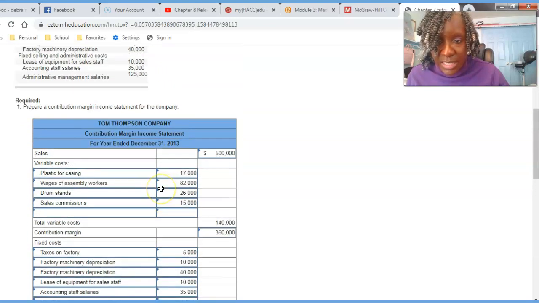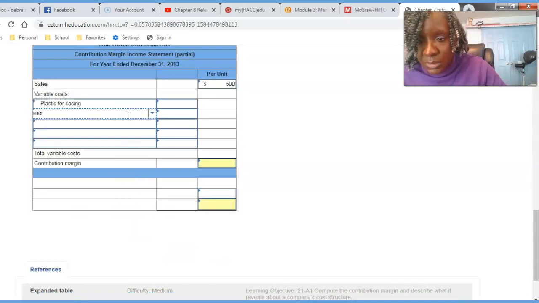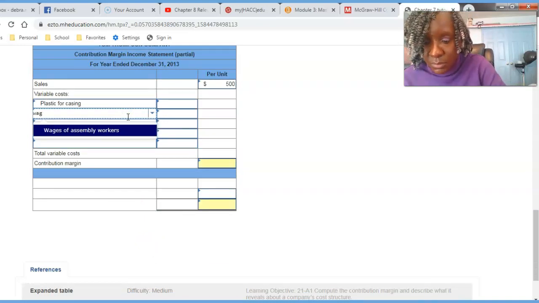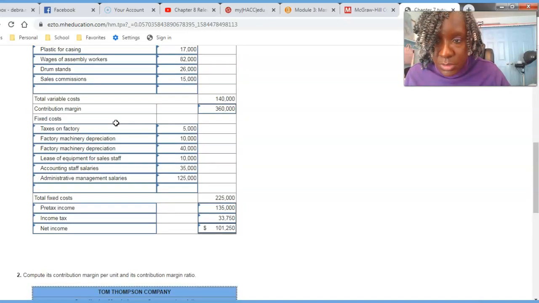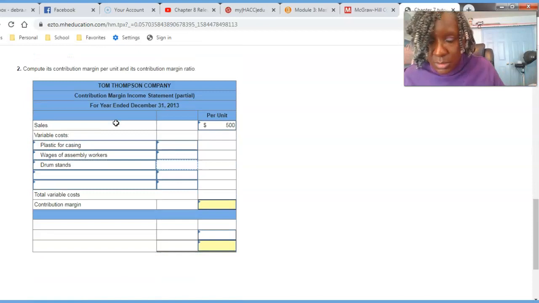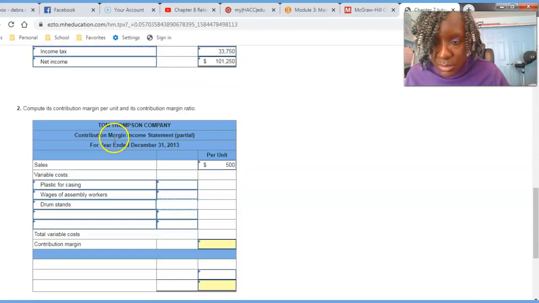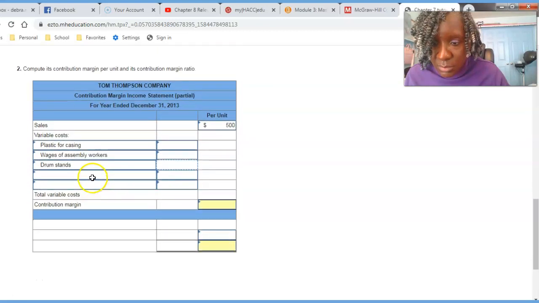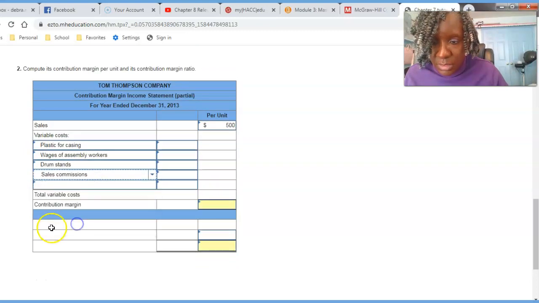Plastic for casing, wages of assembly workers, drum stands, and I believe sales commissions.